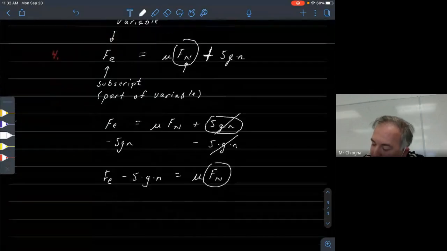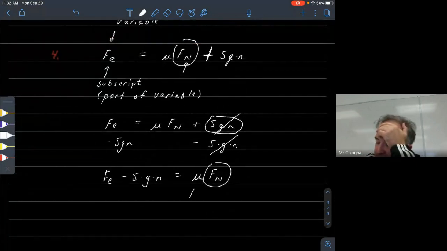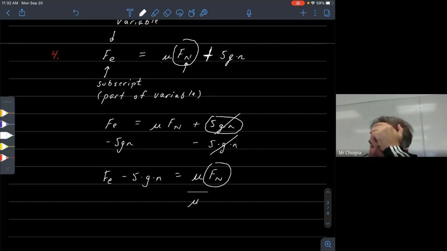Again, circle it. This is a funny looking Greek letter, pronounced mu. We're going to remove it. It's just a number, multiplied with the Fn. Do the opposite. Divide both sides by that Greek letter, which looks like a U. Remember to put a line under both terms on the left.